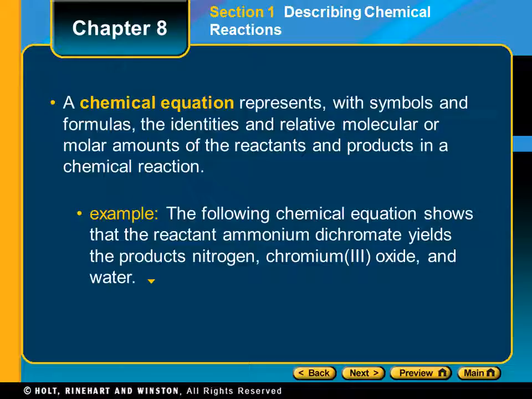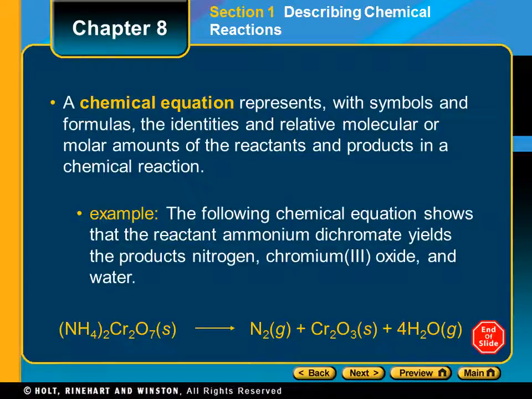As an example, the following chemical equation shows us that the reactant ammonium dichromate yields nitrogen, chromium 3 oxide, and water. We see this here: ammonium dichromate on the left, and on the right, when that is broken down or decomposed, you get nitrogen, chromium 3 oxide, and water.